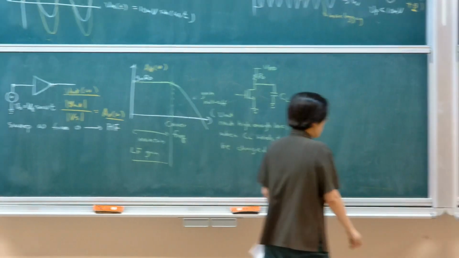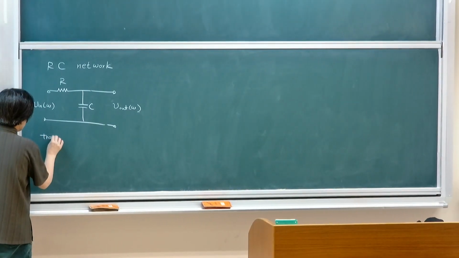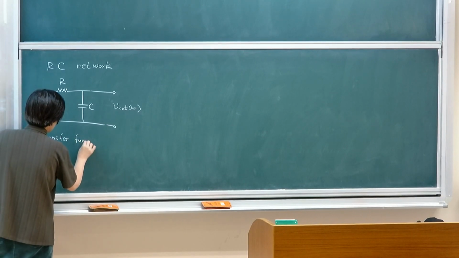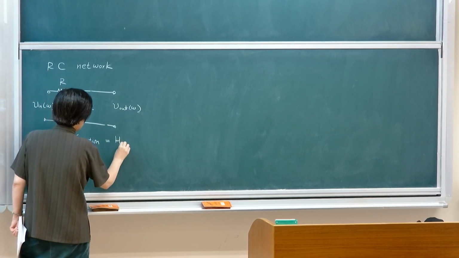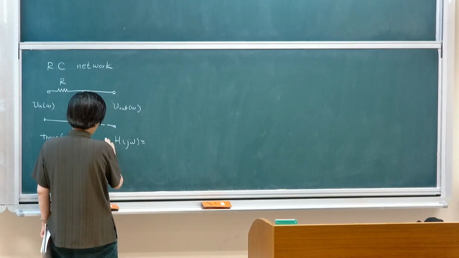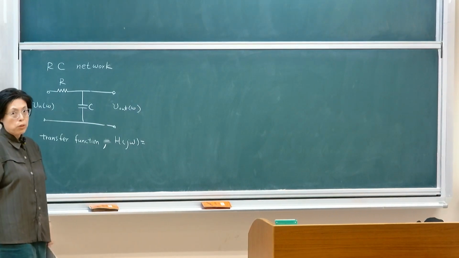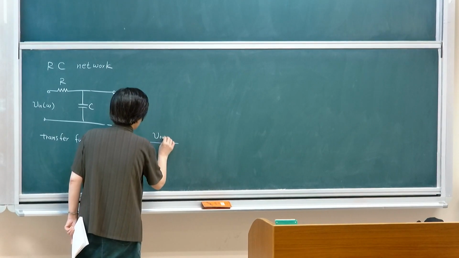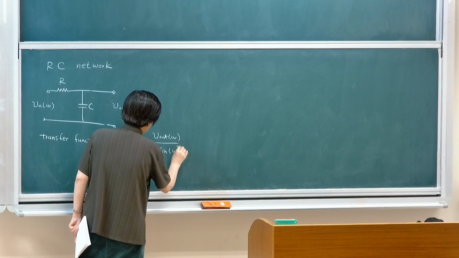To construct what we call the transfer function, by definition, it will be H of j omega. If you do the Fourier transform of your input and output signal, it will be V out over V in. In time domain, we change both of them into frequency domain.